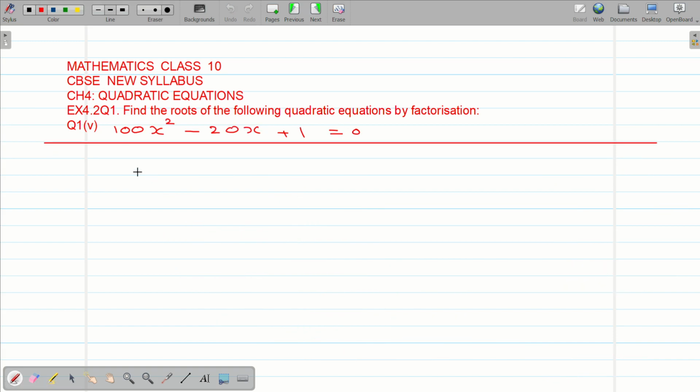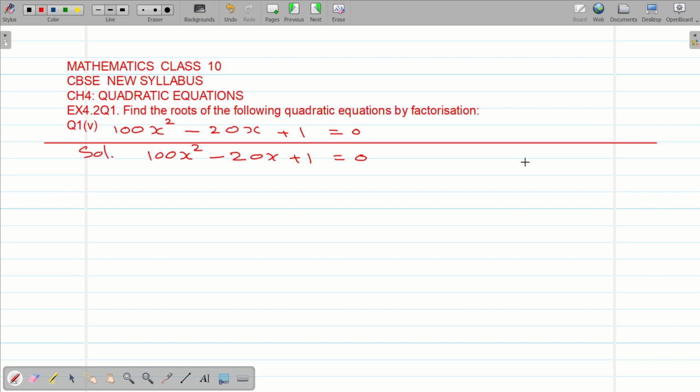Fifth one, solved by factorization method. 100x squared minus 20x plus 1 is equal to 0. We are going to split the middle term and factorize it.